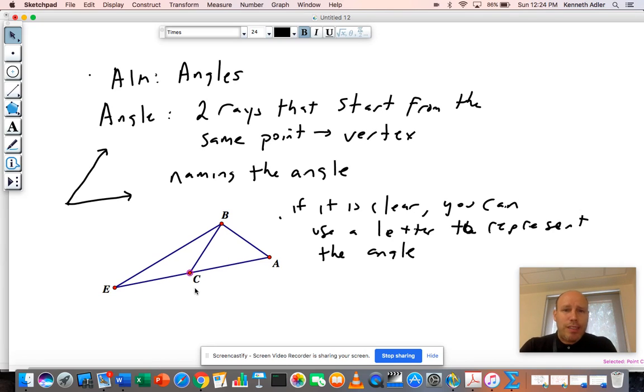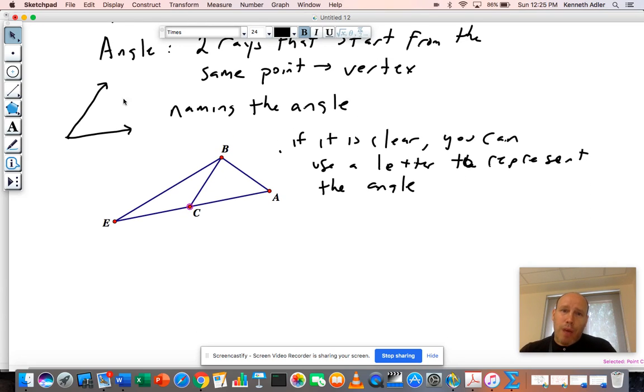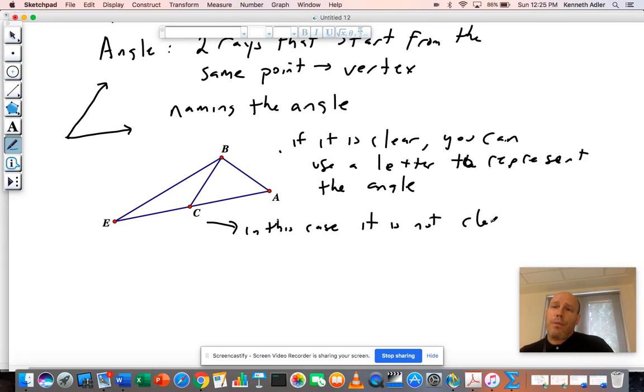Okay, so now the issue is, for example, exactly what is angle C now? A is clear and E is clear, but C is not clear anymore. So you have 2 options. Let's scroll this up. So, in this case, it is not clear what angle C is.